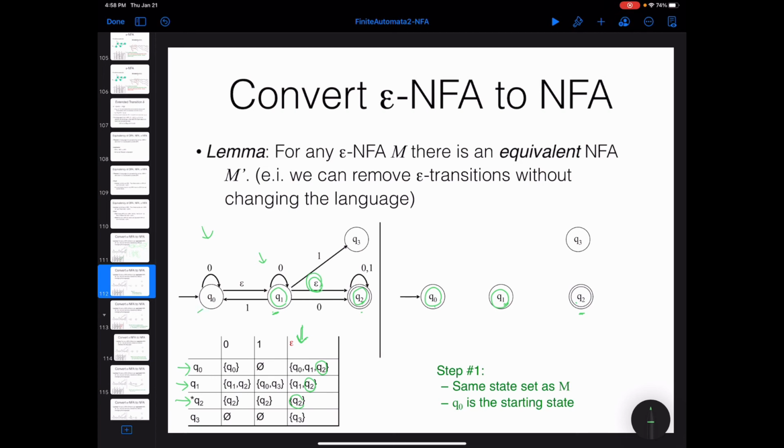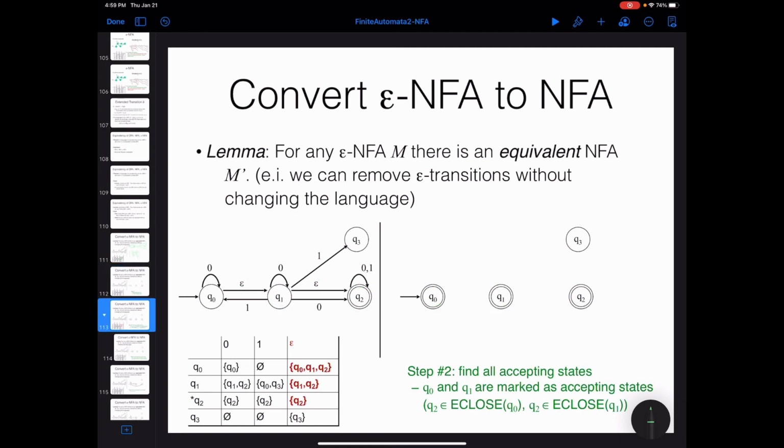If a string ends up in Q0, it can also end up in Q2 because of these epsilon transitions. So this is the way that we recognize the accepting states: calculate the epsilon closure and look for the accepting states in the epsilon closure of all of the states. Wherever you see it, all of those states are going to be marked as accepting states. Here Q0, Q1, and Q2. So we have 3 accepting states.